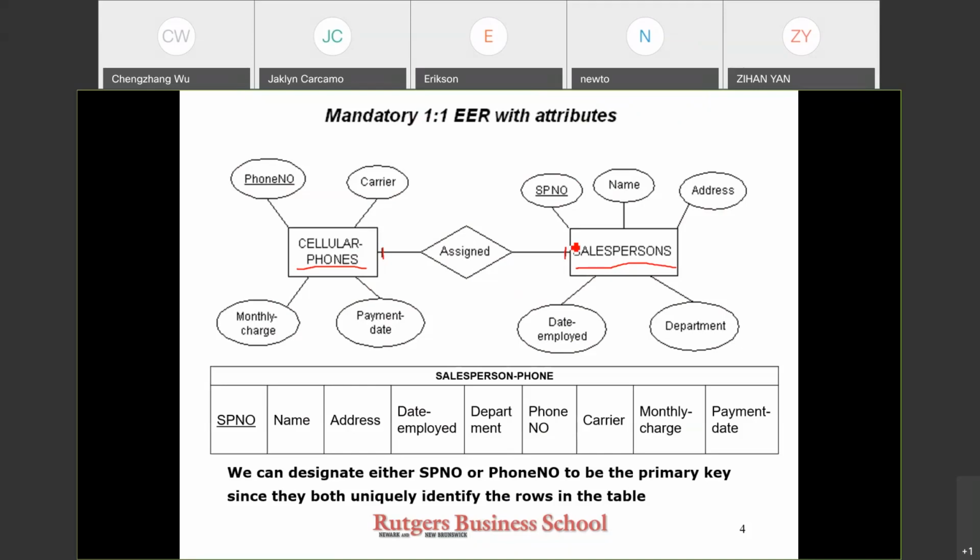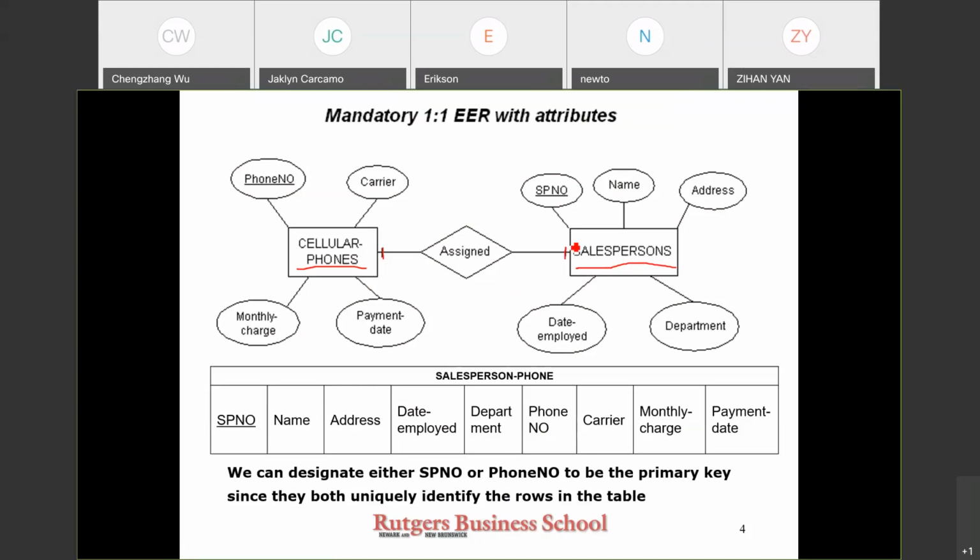And in this diagram, the bar against both entities indicates that every salesperson must be assigned exactly one cell phone, and every cell phone must be assigned to exactly one salesperson.